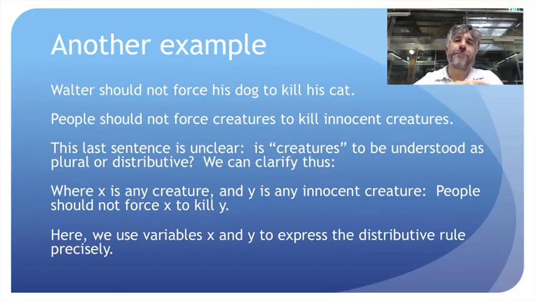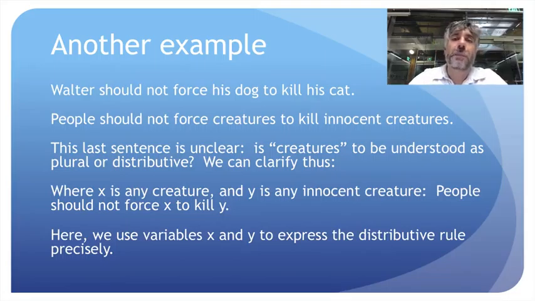Now, in ordinary language, it's not easy to separate out those two interpretations. You can see just in the last minute how hard I had to work in order to distinguish those two interpretations. But if we use variables, then we can distinguish the two interpretations pretty straightforwardly.